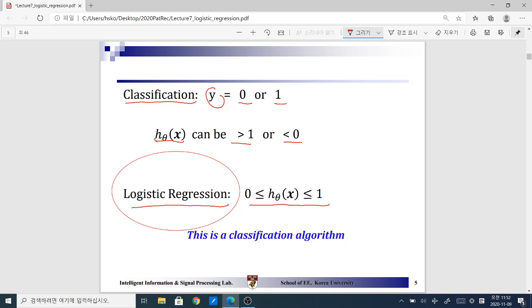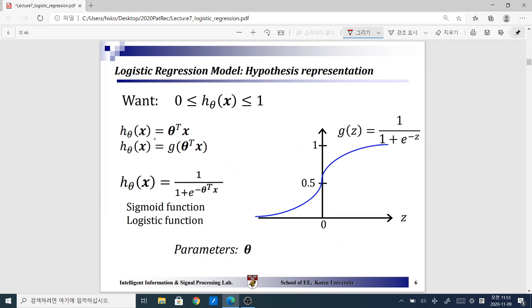And it is also bounded between 0 to 1. In other words, the logistic regression function, by using the logistic function or sigmoidal function, is going to be bounded between 0 to 1, which would be much better than having the hypothesis function be, let's say, greater than 1 or less than 0. So this would be much more fitting to classification applications.